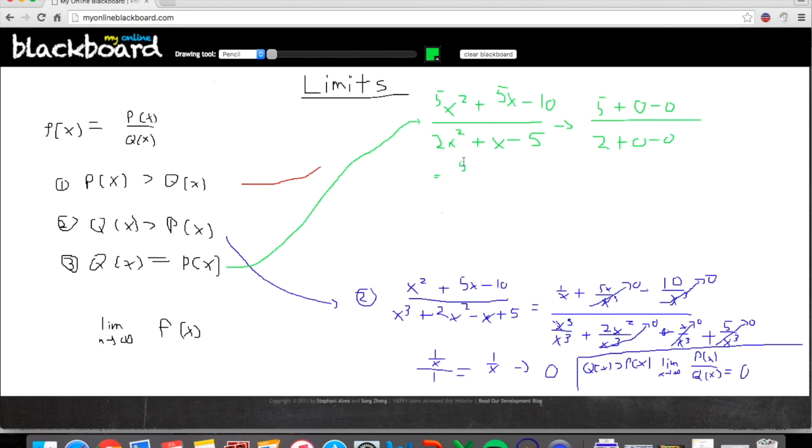And that's going to be the horizontal asymptote for this. So I'm going to draw a graph after this and show you.